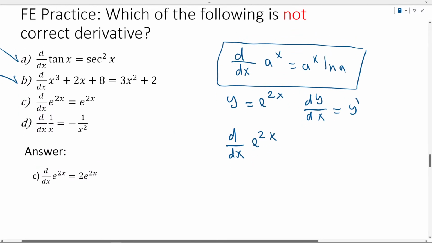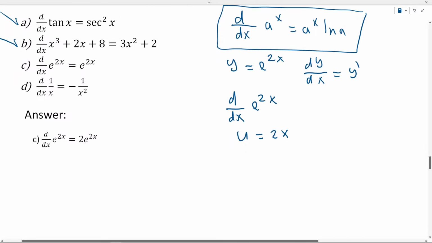Well, we know that there is something called the chain rule, the trick. So I can say u is equal to 2x. Then my function will become d over dx of e to the power u.